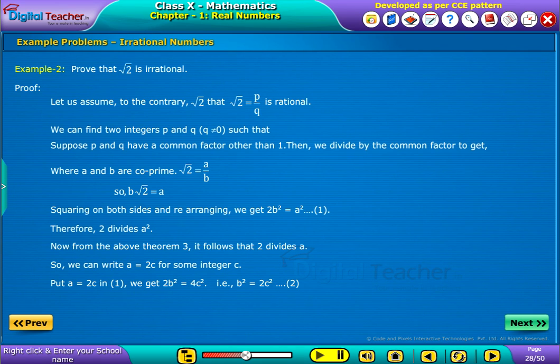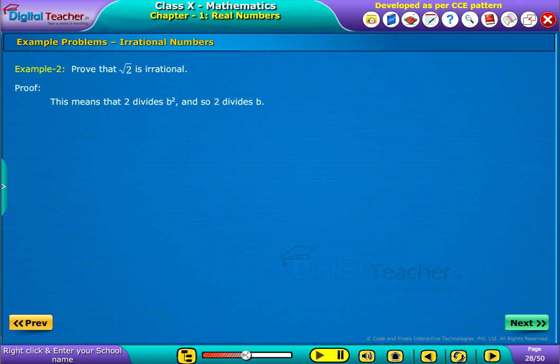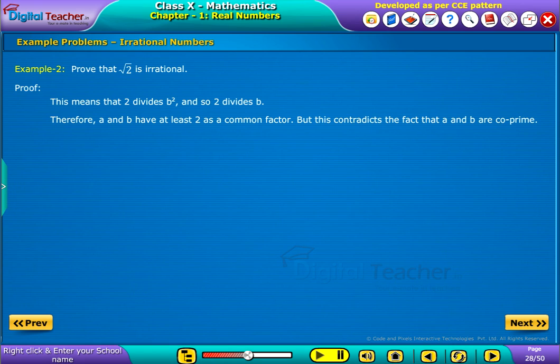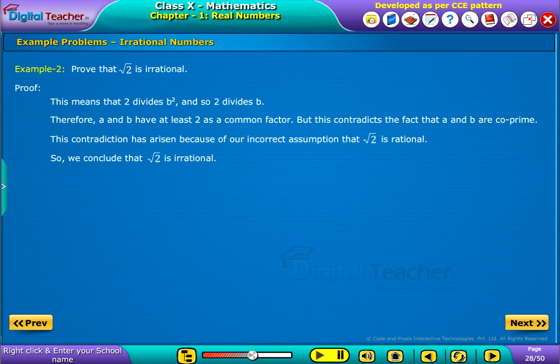We get 2 times c square equals b square. This means that 2 divides b square and so 2 divides b also. Therefore, a and b have 2 as a common factor. But this contradicts the fact that a and b are co-prime. This contradiction has arisen because of our incorrect assumption that root 2 is rational. So, we conclude that root 2 is irrational.